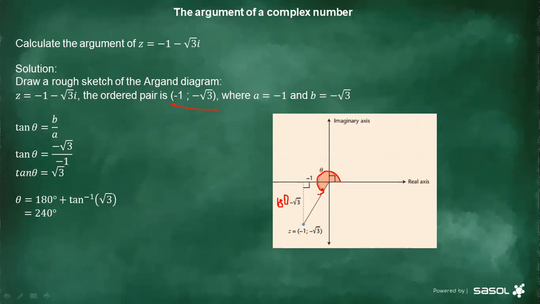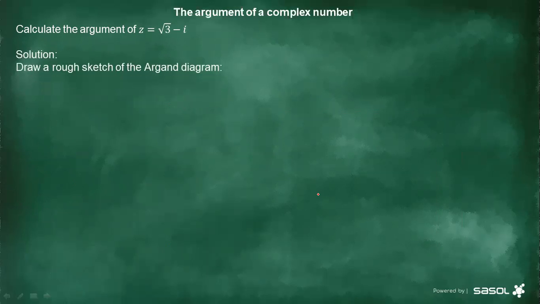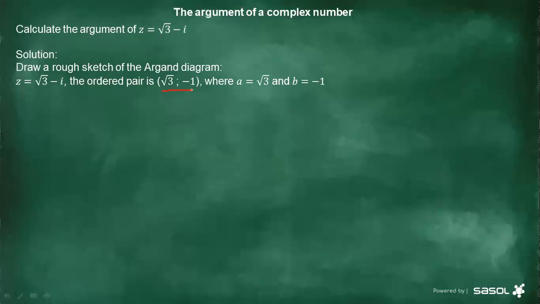Okay. And then we proceed. Draw a rough sketch of the Argand diagram. Then we have a point which is square root of 3, minus 1.